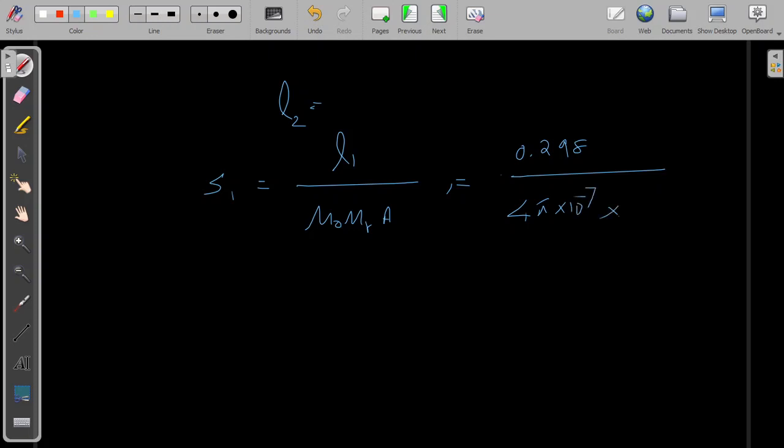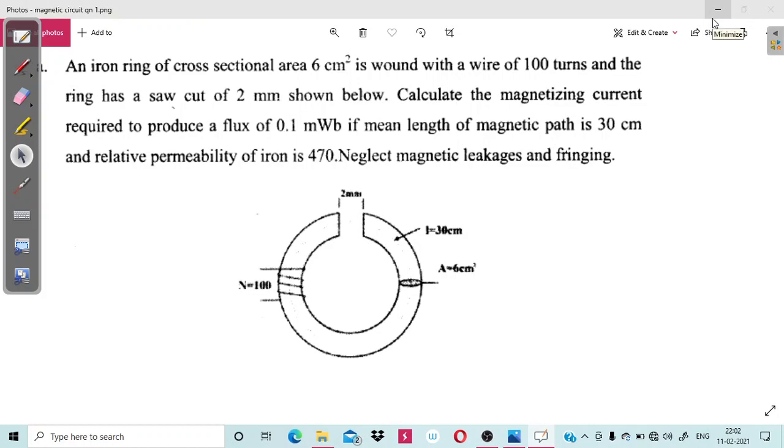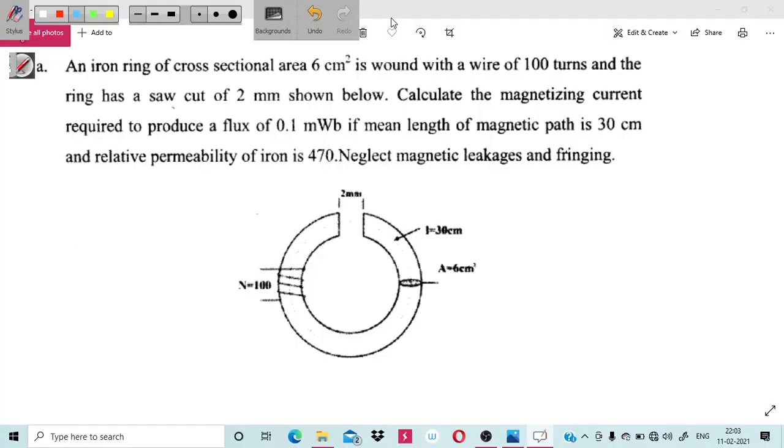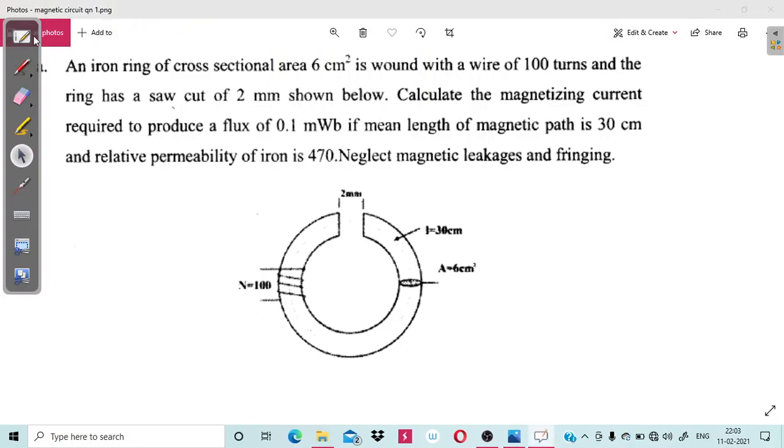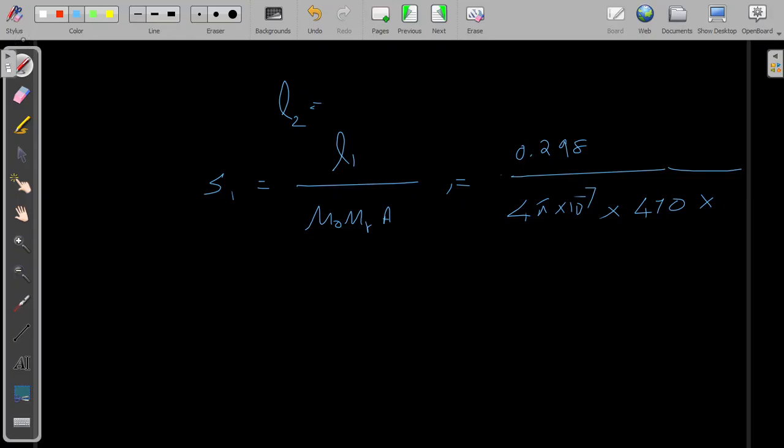Mu r is given 470 into A. A is also given. A is the cross-sectional area, and that is given as 6 centimeter square. So we will have 6 into 10 power minus 4 meter square.